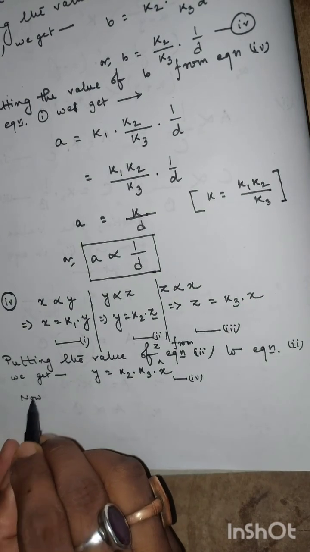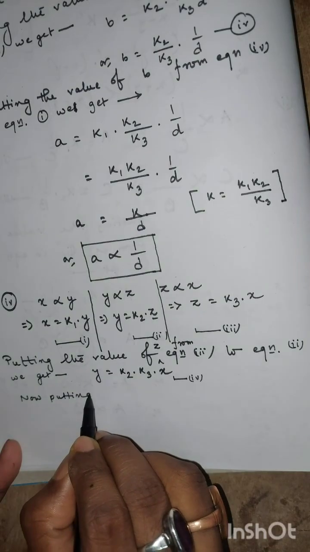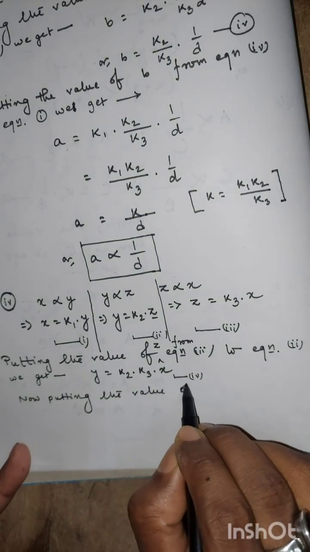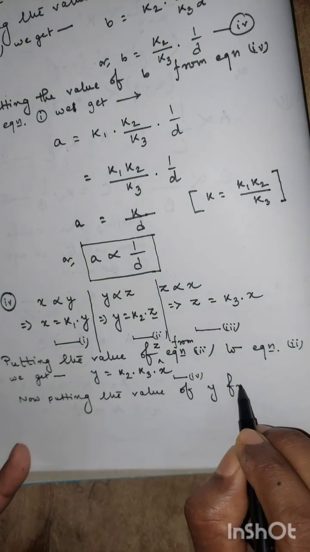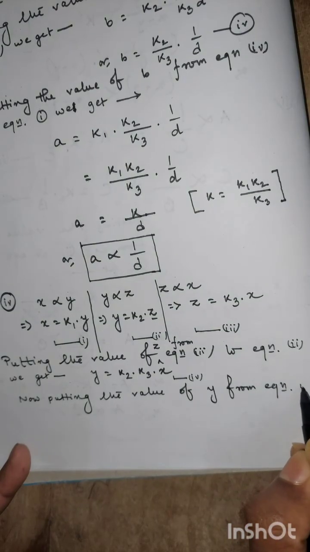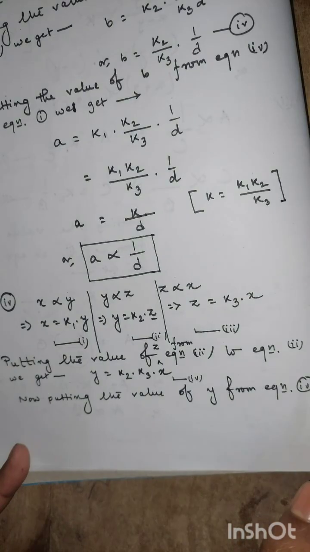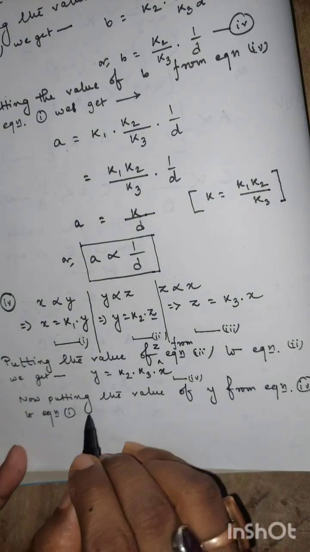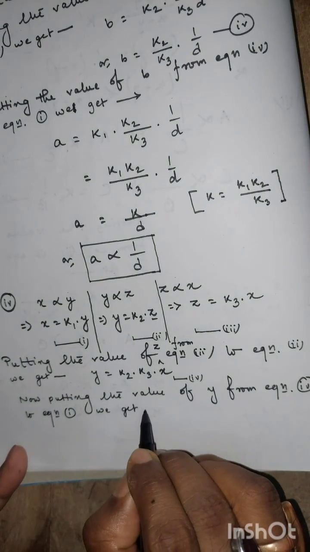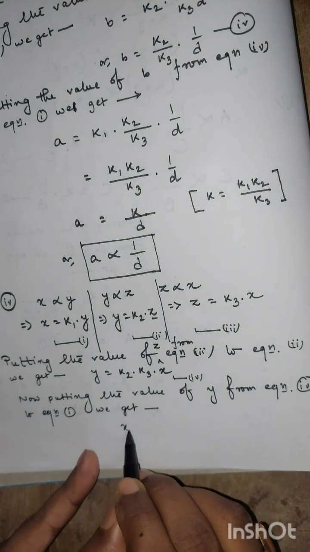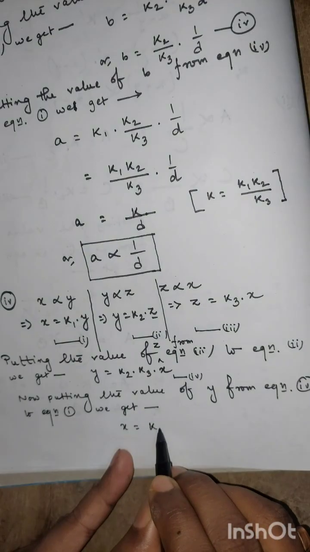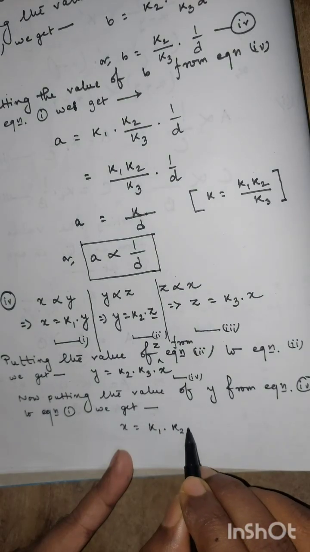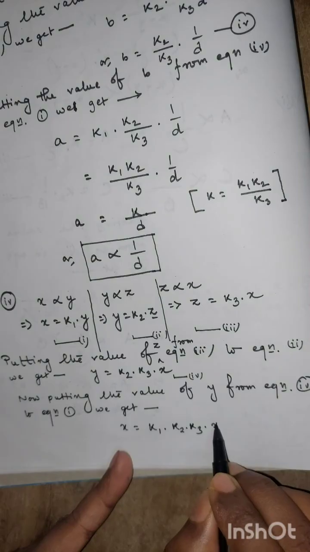Now putting the value of y from equation 4 into equation 1, we get x equal to k1 into, in place of y we can write k2 k3 into x.